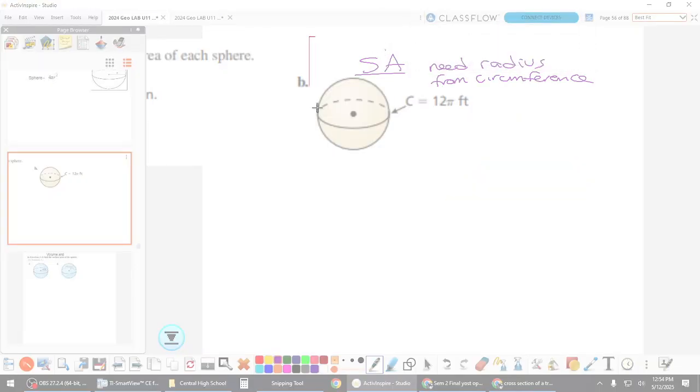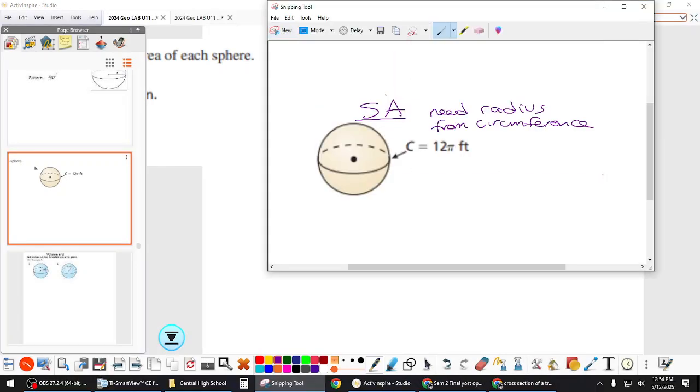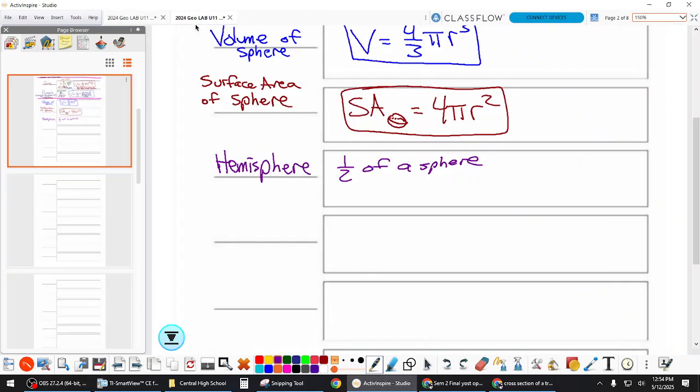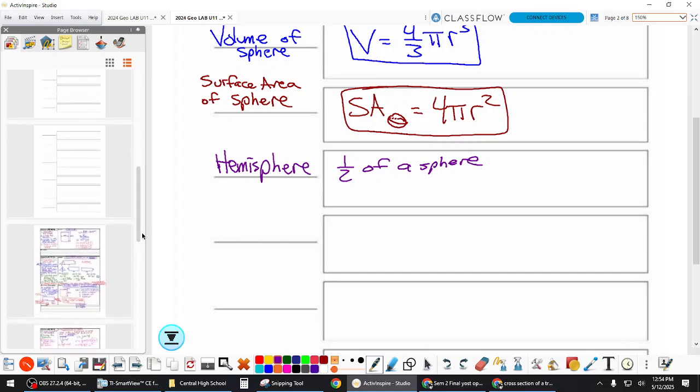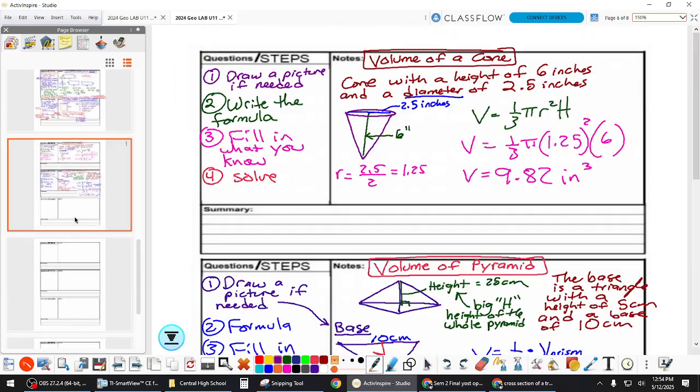Do you see how, and I did this in our note, I don't know if you copied it, but do you see how for drawing a sphere you can do a solid line and a dashed line? It kind of gives it a 3D effect a little bit. So try to do that when you draw this in your notes.